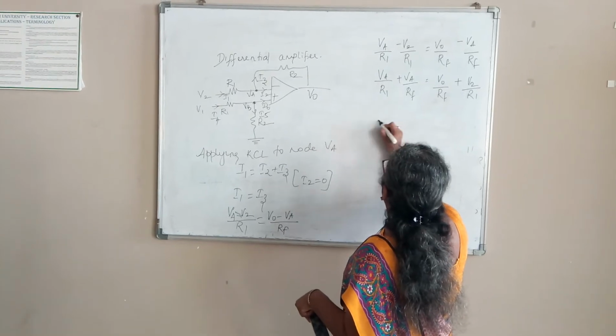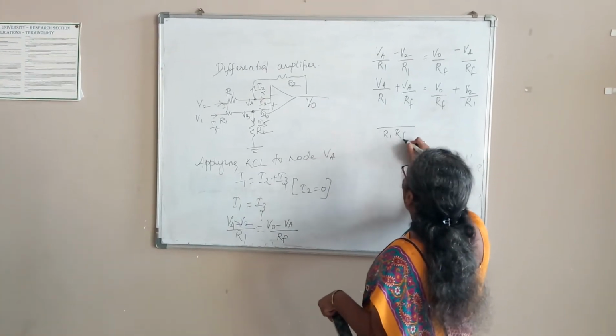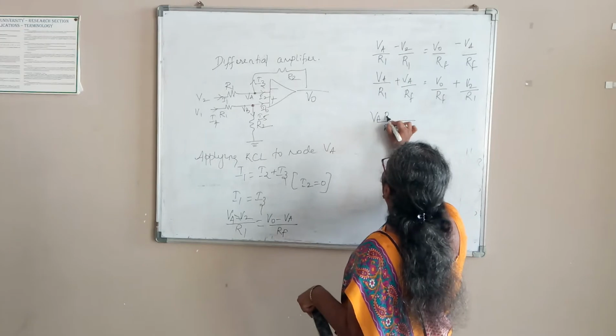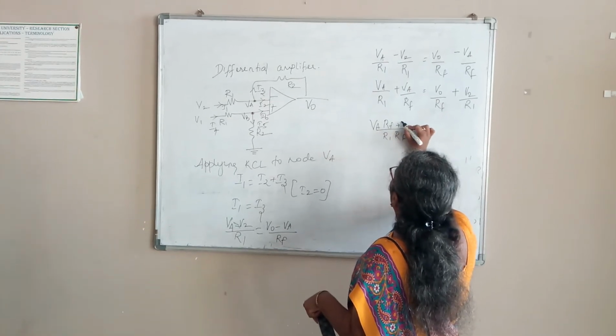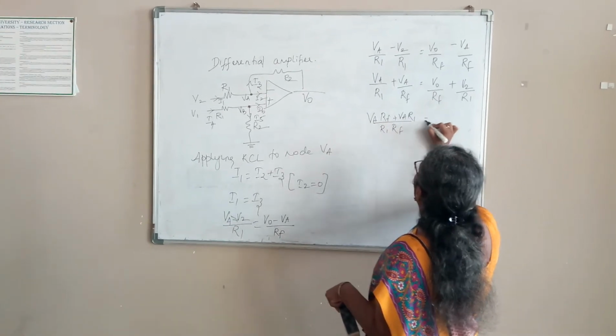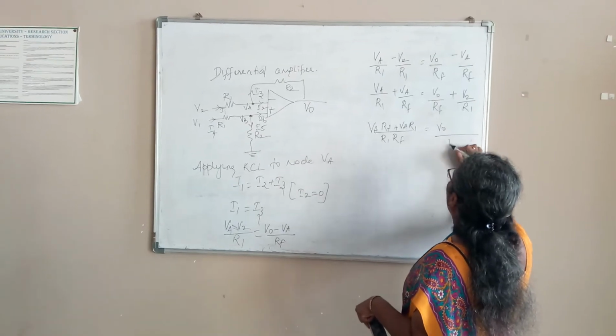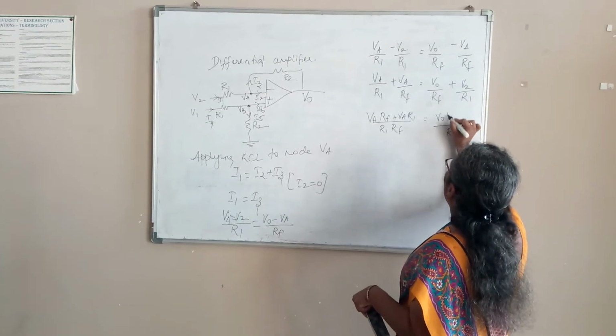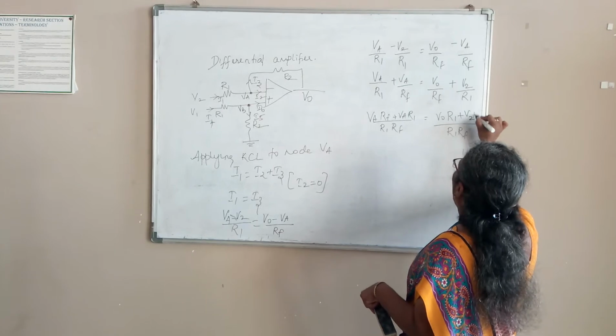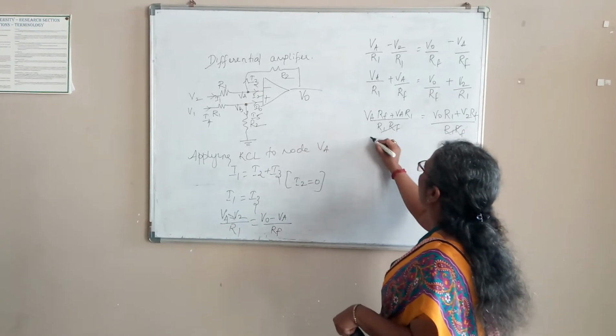Taking the LCM, I will get VA RF plus VA R1 is equal to V0 R1 plus V2 RF, taking the LCM again. So this gets cancelled.